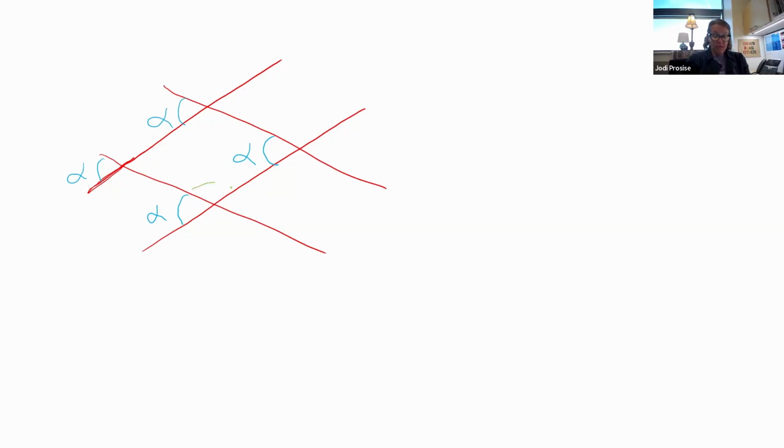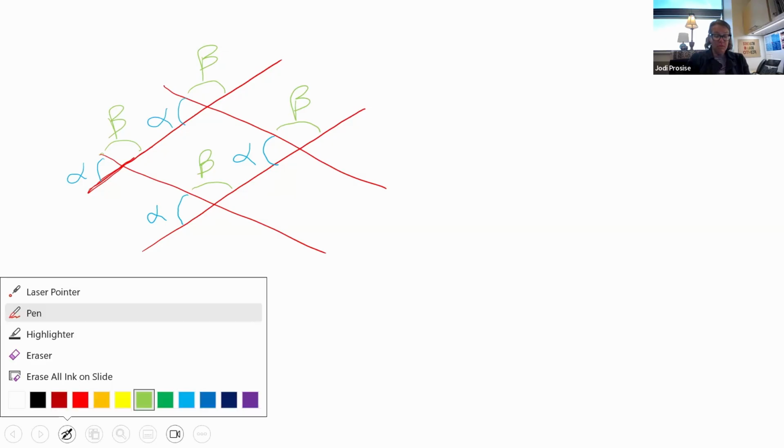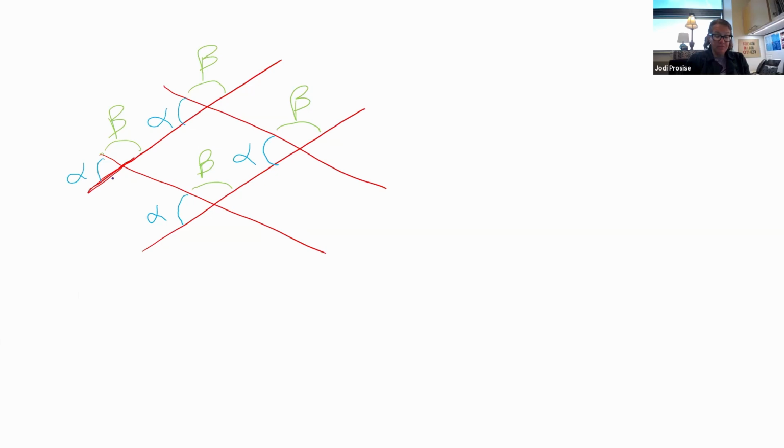We have this angle here, call it beta. It's also the same as this angle here, beta, and the angle here, beta. And beta.